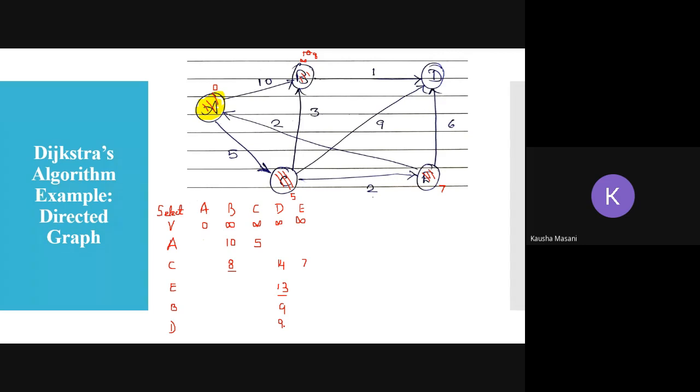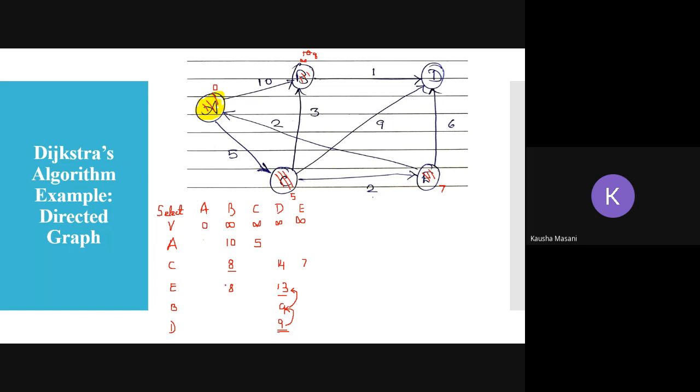Reverse traversal. Okay, reverse tracing. Last value D, 9. Go one row up. It is still 9, so no need to change. Go one row up. Here there is 13 and there is 8. So when the value changes, you have to pick the vertex which is having the lowest distance.